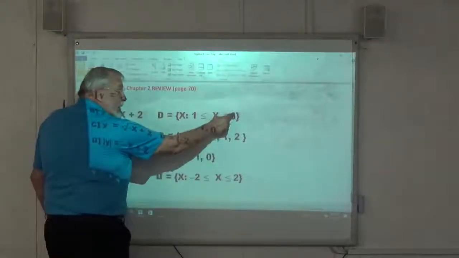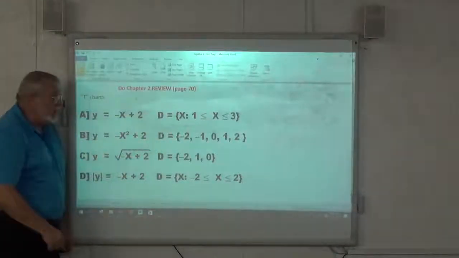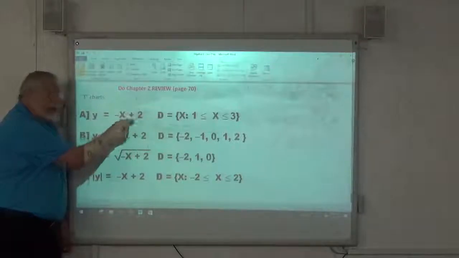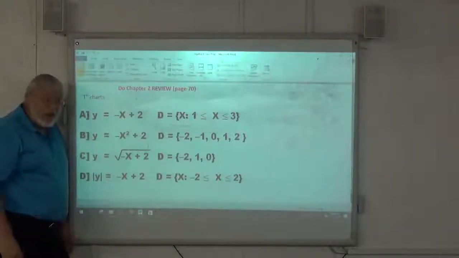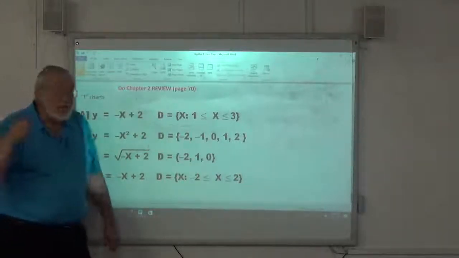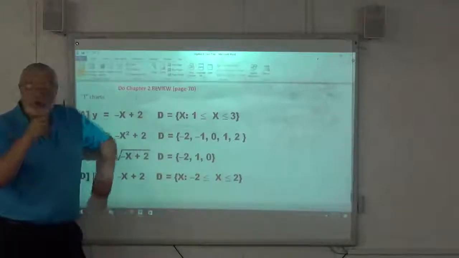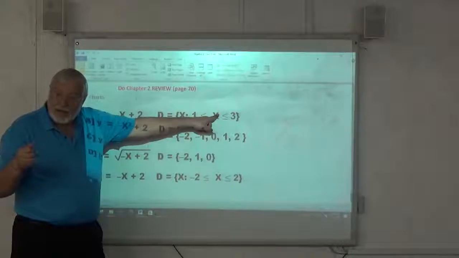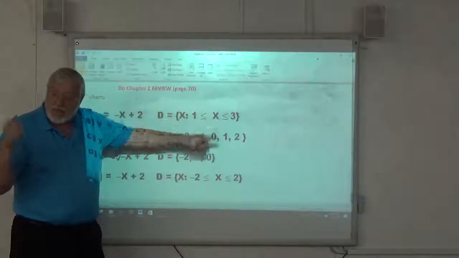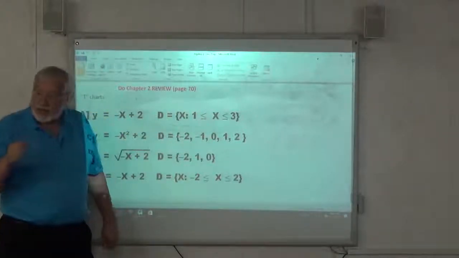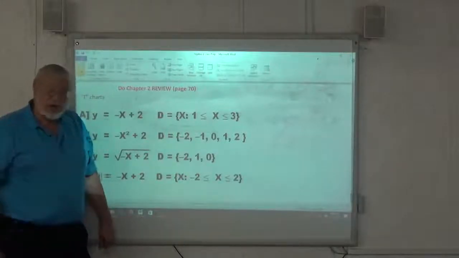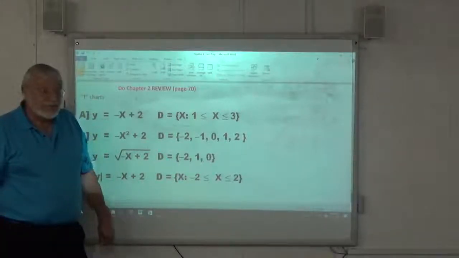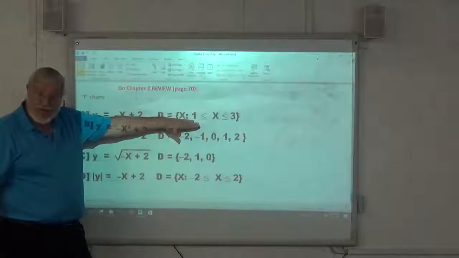Now, at the top part, what happens when x is 3? What is negative 3 plus 2? Negative 1. So now I know what my range will be. y will be less than 1 and greater than negative 1. But that's how you're going to figure that out.